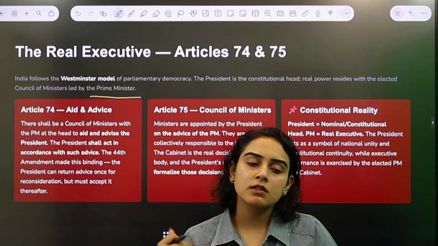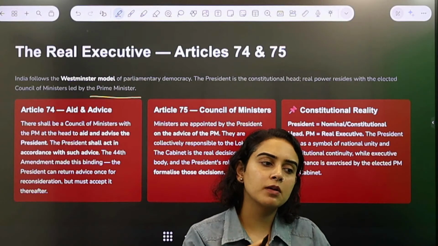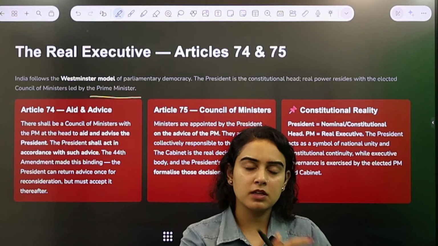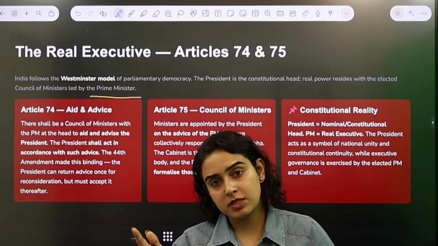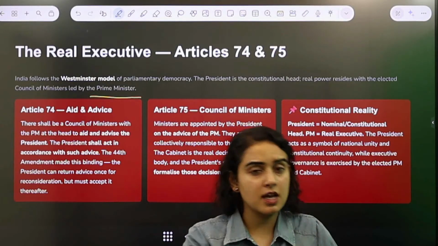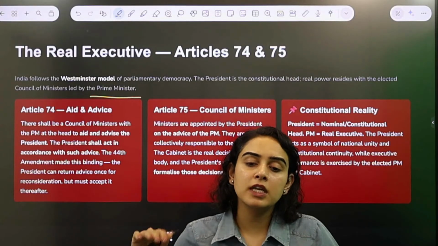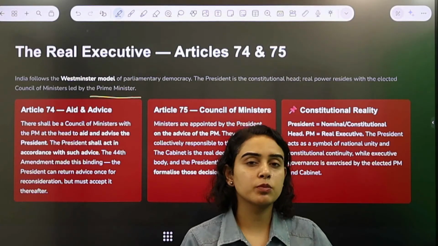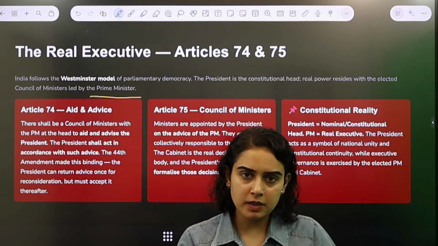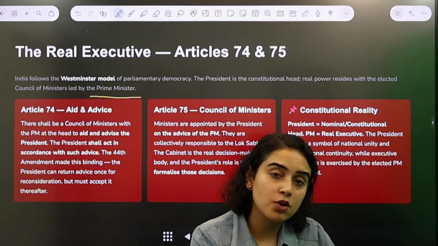This way we have a lot of ministries. There are educational, railway, textile, and transport and highway ministries.